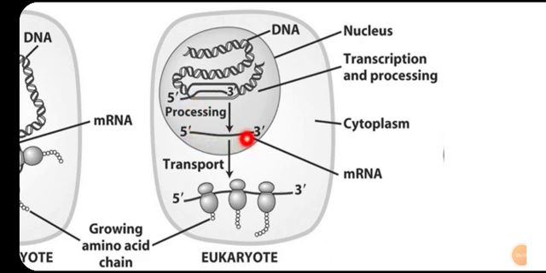Then this mRNA enters into cytoplasm through pores which are present in the nuclear membrane. After reaching the cytoplasm, this mRNA binds to ribosome. Then these ribosomes move ahead, and that leads to synthesis of polypeptide chain, that is from 5 prime to 3 prime.